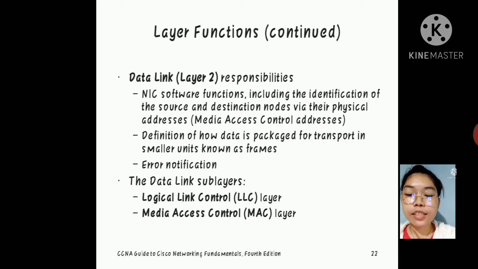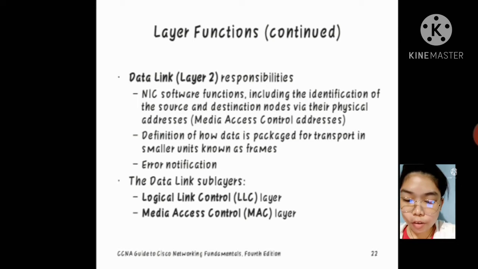Next is the data link, or layer 2, responsibilities. NIC software functions, including the identification of the source and destination nodes via their physical addresses or media access control addresses.